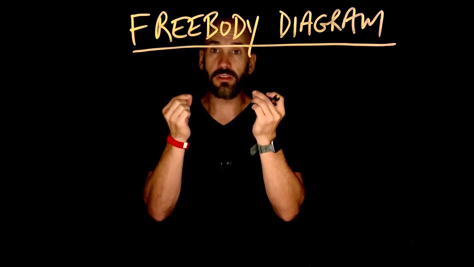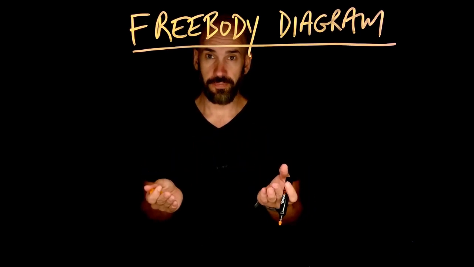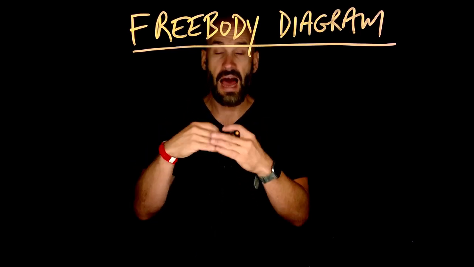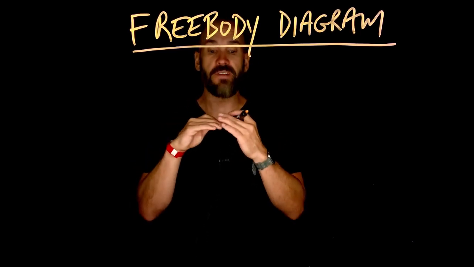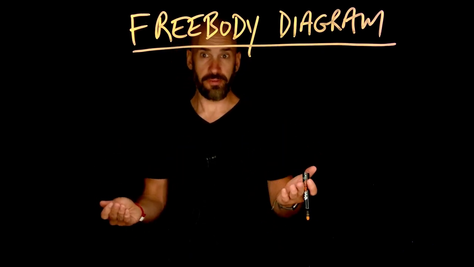So you have to look at a picture and decide what are all the forces acting on an object, write those forces as arrow vectors on the picture, and that makes it very, very easy to solve any force problem that you could possibly come up with.